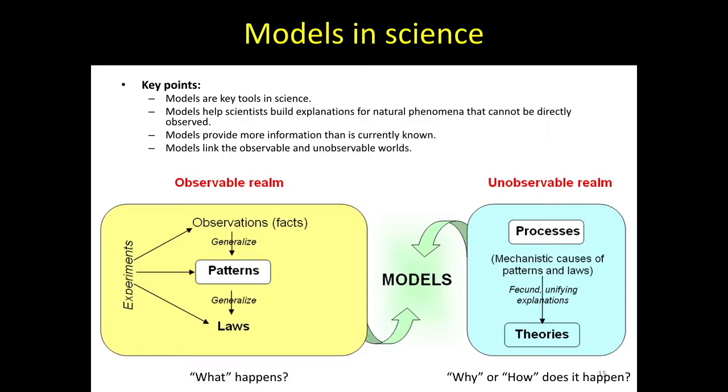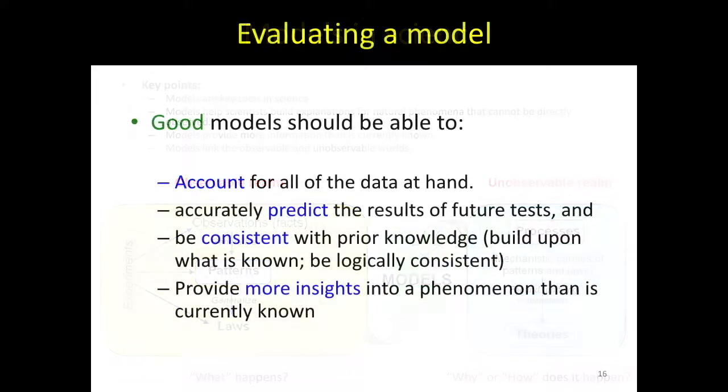So models are more than just representations of the world. They help us move beyond what is currently known, and they help to link what we see and experience in the world and what we cannot directly see. Well, in closing then, how do we know if a model is good? Well, first of all models need to account for the data at hand.